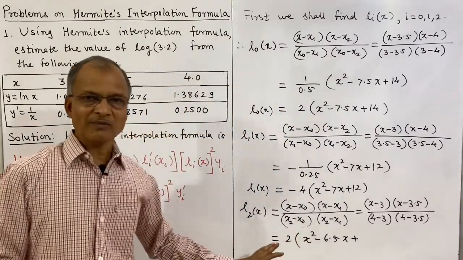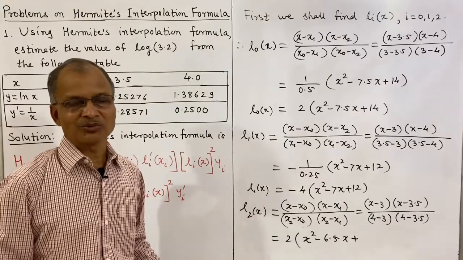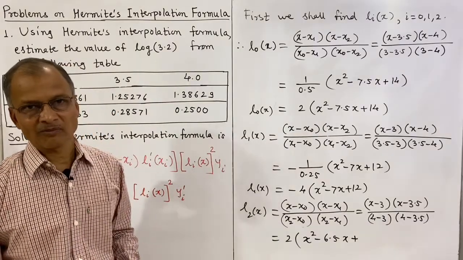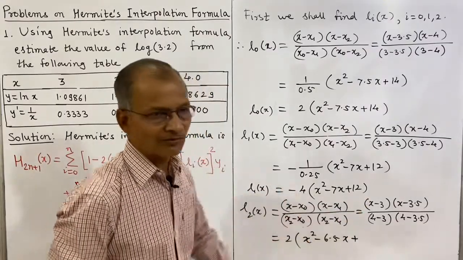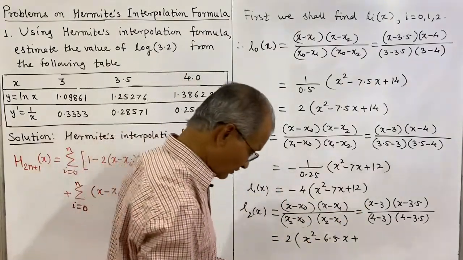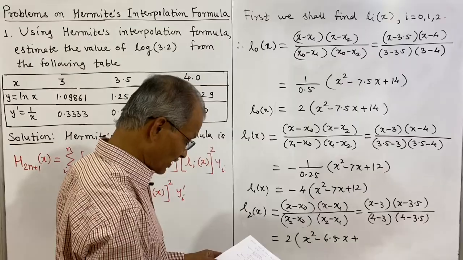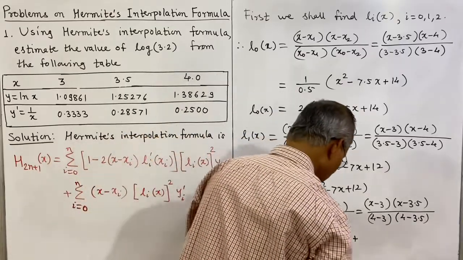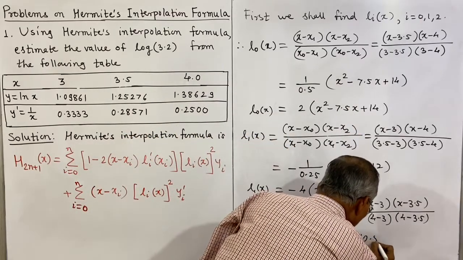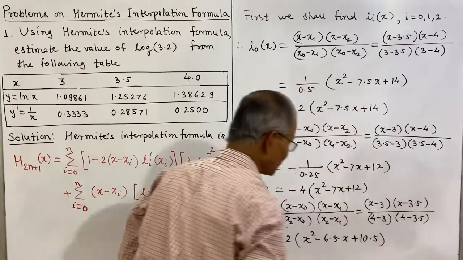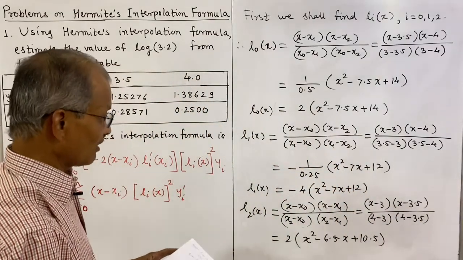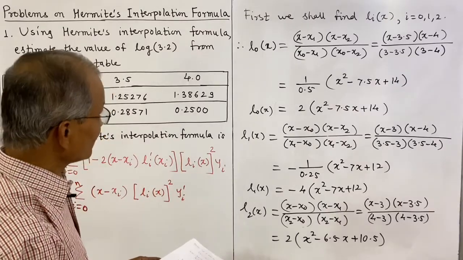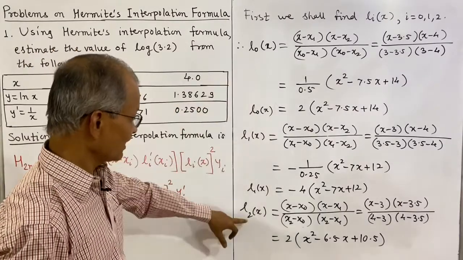So for numerical methods, it is clear that we should use a calculator, preferably a scientific calculator, and with the help of the calculator we should do the calculation. So this L2x polynomial is plus 10.5, the product of these two, 3 and 3.5. So these are the polynomials that we have obtained, L0 x, L1 x and L2 x.